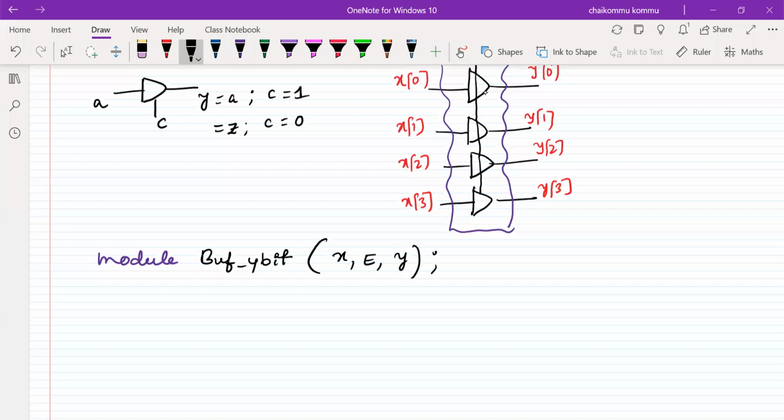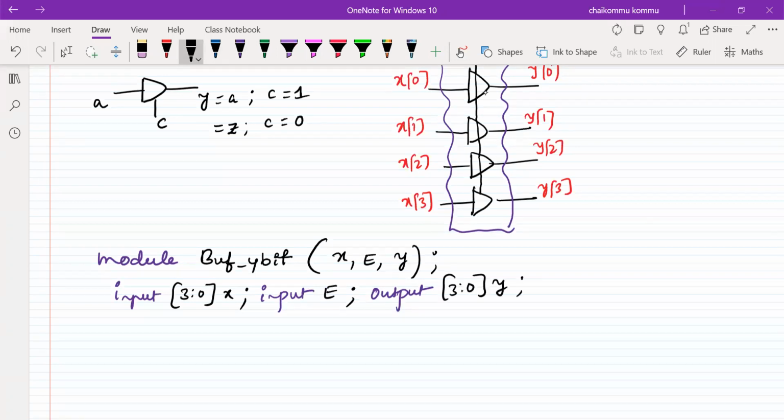Fine. How do you write the program for this? First input declarations. Input is of size 3 down to 0 of X. Another input is E. Then the output is Y, of size 3 down to 0.